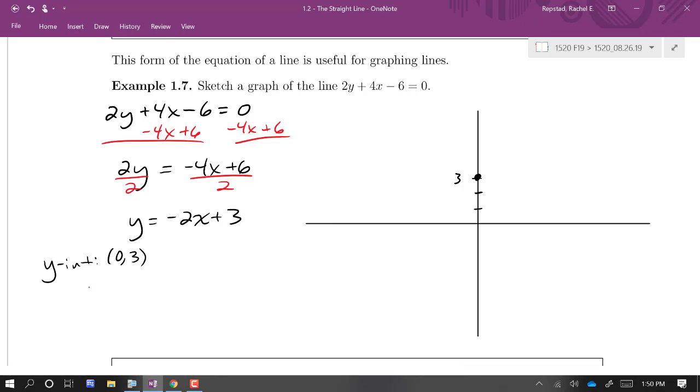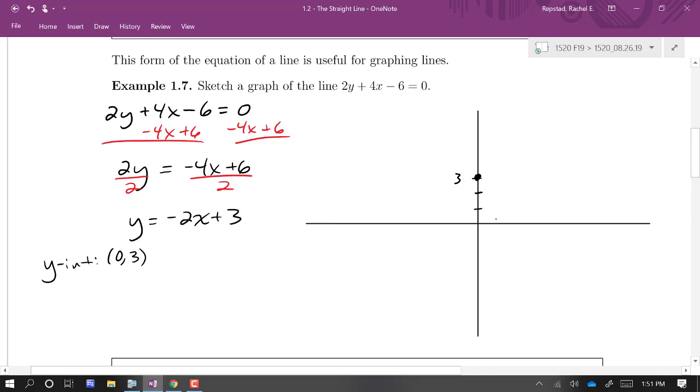We could, yeah. So there's more than one way, right? I was thinking about just using the slope, because it's got a slope of -2, and I'll just go down 2 over 1. But yeah, absolutely, you could plug in the value for x as long as it's not 0, because we're already using that one. If I plug in 1 for x, then we get negative 2 plus 3 is positive 1. So you could plug in another value, or you could use the slope.